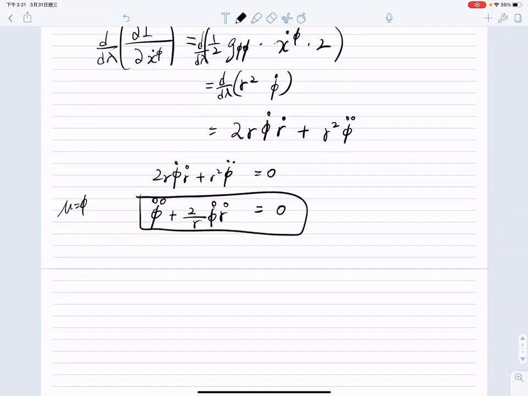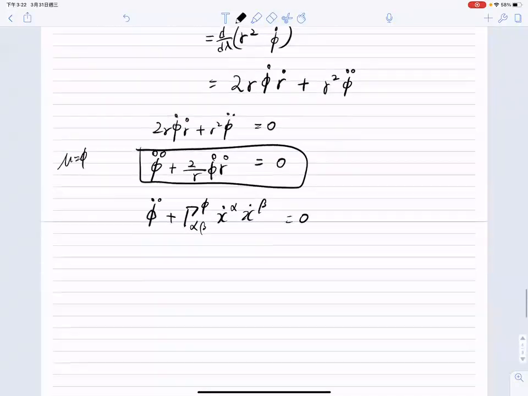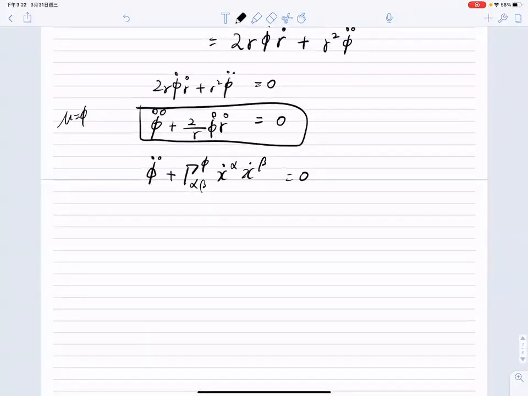And compared to the geodesic equation, x double dot phi plus gamma phi alpha beta x dot alpha x dot beta equals 0, what is the Christoffel symbol? You can easily find the Christoffel symbol of phi. We only have this term, right? The phi dot r dot, where alpha equal to phi and beta equal to r.